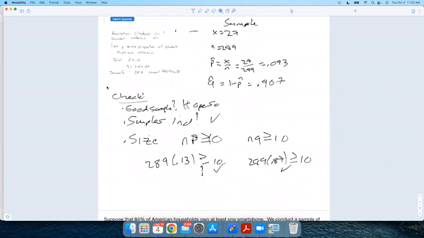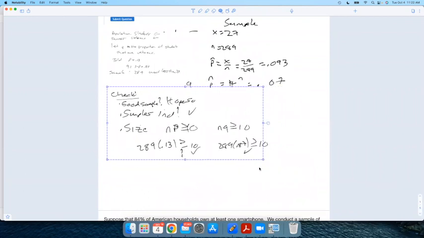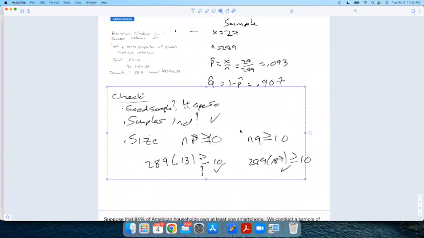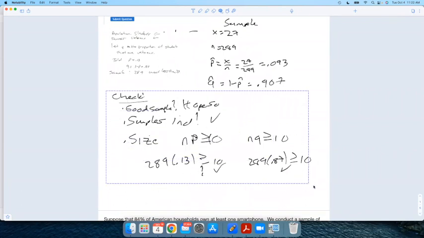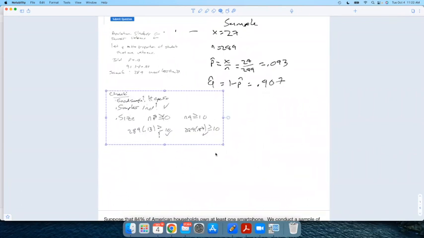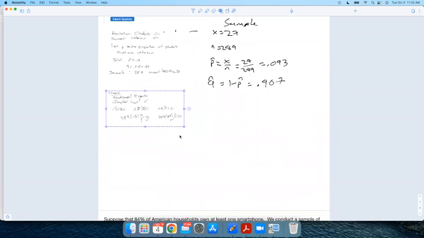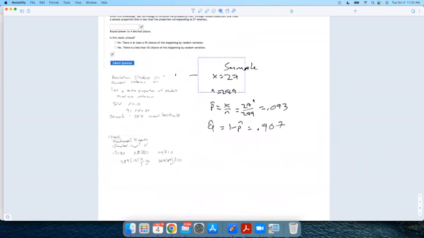Why do we care? What's that tell us? If you meet all the conditions, then here's our conclusion.